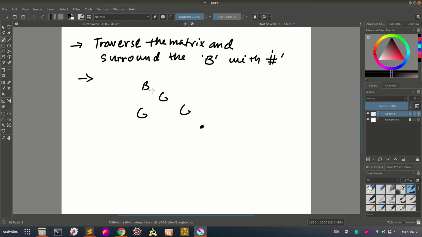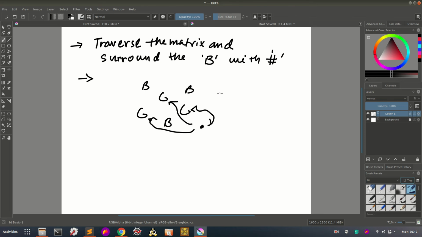Suppose these are the good persons. So we just have to find if it is possible to visit all the good persons from the exit. That will also mean that we have a path from all the G's to the exit.